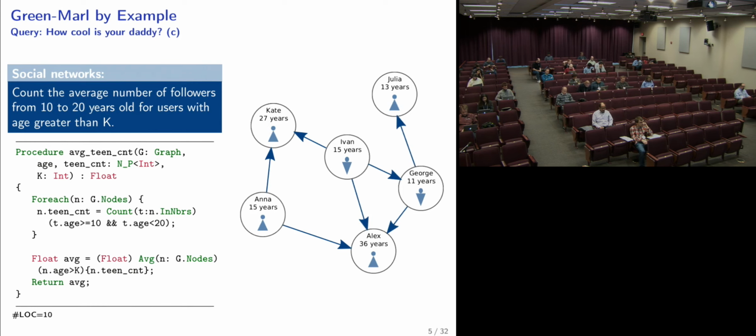After that, a reduction is computed for vertices with the condition that the age property is greater than k, and the returned value is the average. So this is a very simple program, but it shows what Green-Marl looks like.